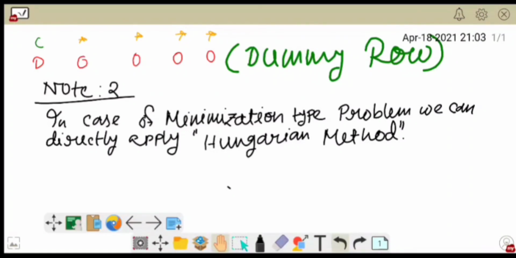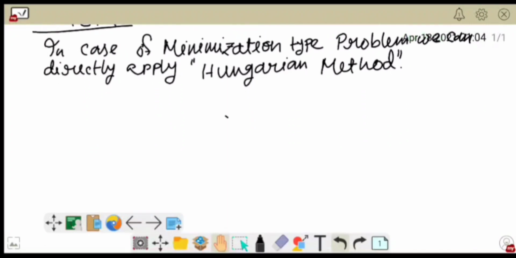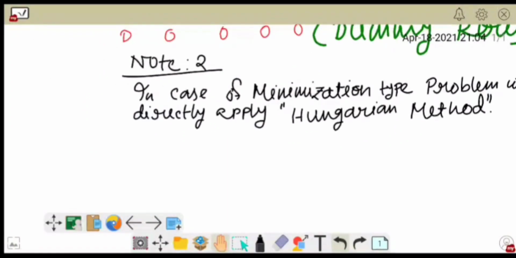When we recognize the question as a minimization type problem, then we will directly apply the Hungarian method. Don't waste your time and go for the Hungarian method. So Hungarian method is applicable in the case of a minimization type problem. There is nothing more to describe here.